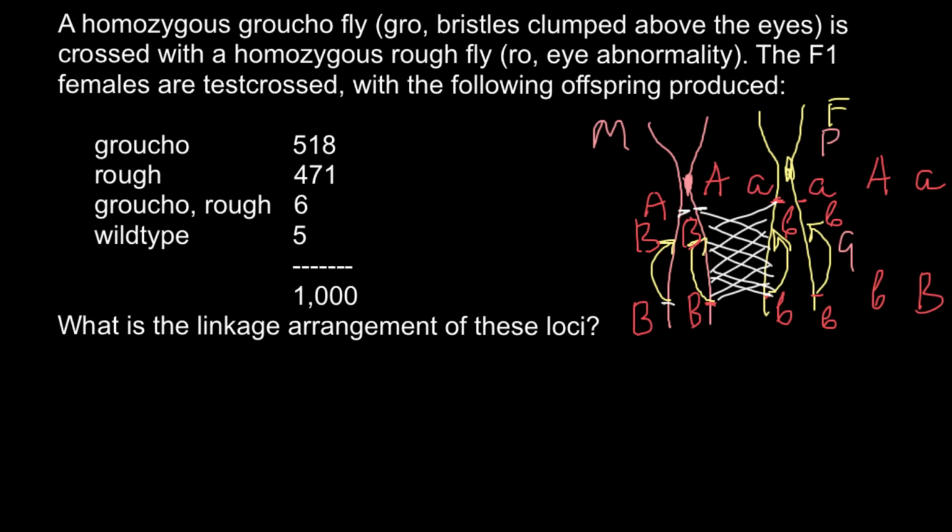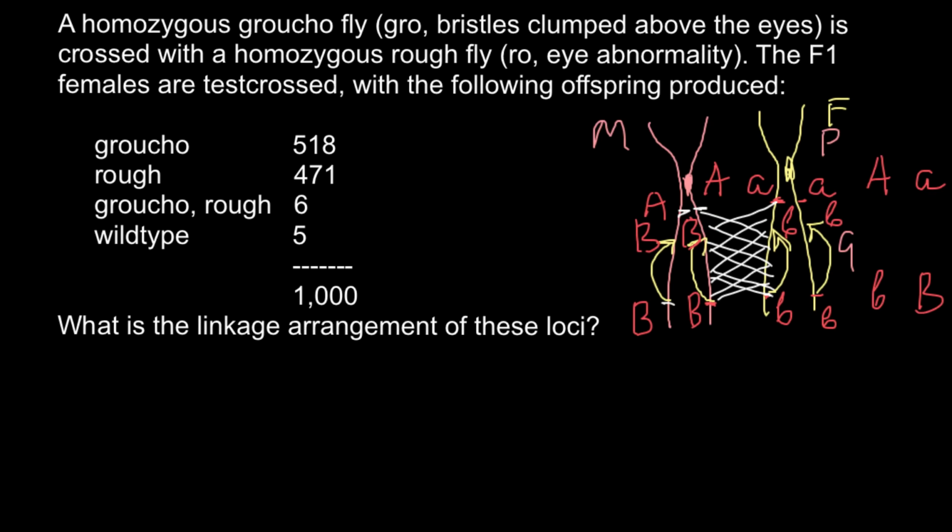So this is going to be a new position, and as you see, the chance of recombination between these two loci would be much smaller. So the frequency would be much smaller. If you take a look here, we can tell that the frequency here is very low, and that means that the distance here is also small.